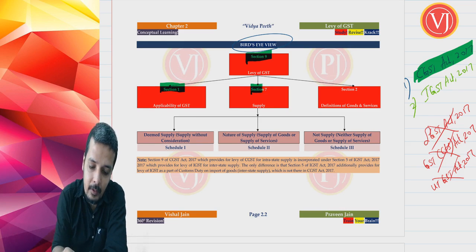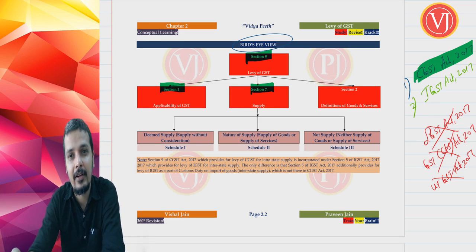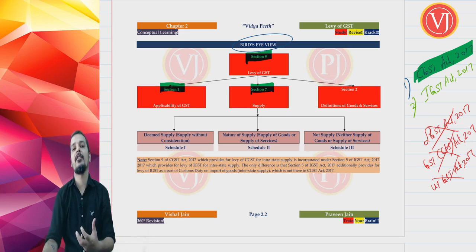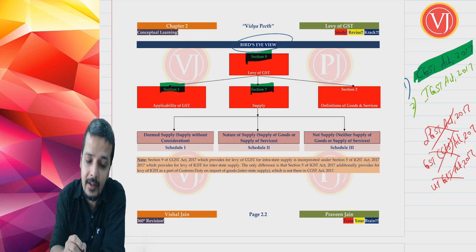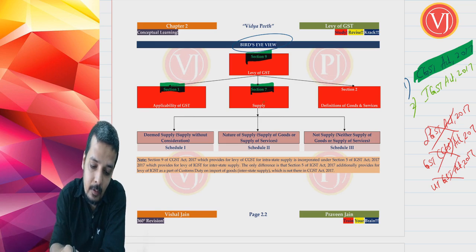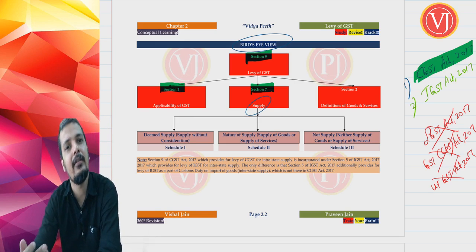Then we are going to discuss supply, section 7. One of the most important provisions, rather we can call it the most important provision of GST. Section 7, understanding what is supply. And once you understand what is supply, only then can we move ahead.